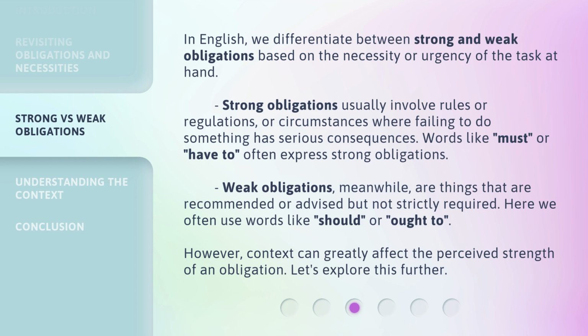Weak obligations, meanwhile, are things that are recommended or advised but not strictly required. Here we often use words like should or ought to. However, context can greatly affect the perceived strength of an obligation. Let's explore this further.